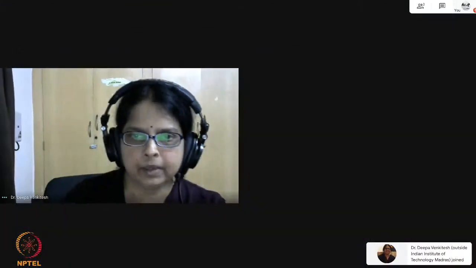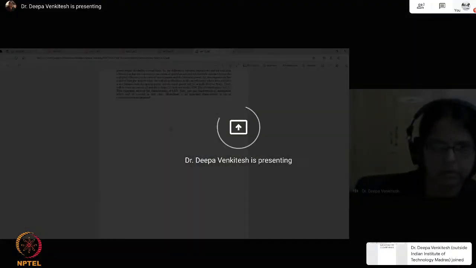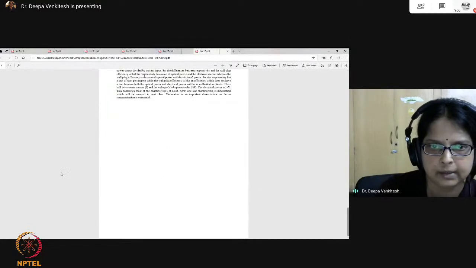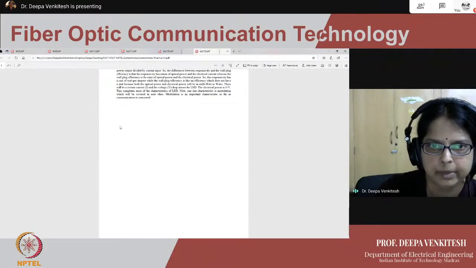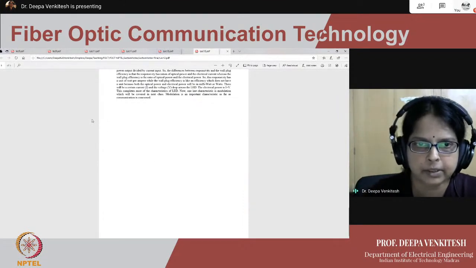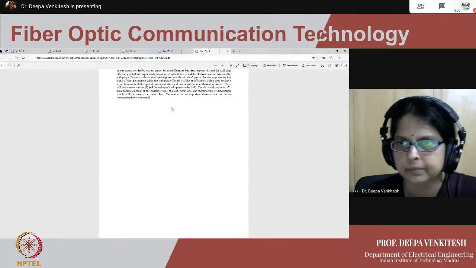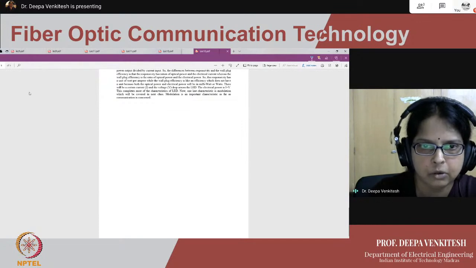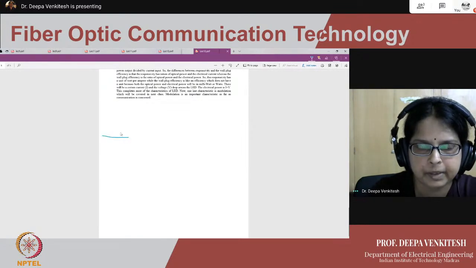So the question asked is, in case of rare earth emission, like erbium or ytterbium or any such rare earth optical emission, you would have learned there is a lower energy state, then a higher energy state, and then there could be a metastable state in between.